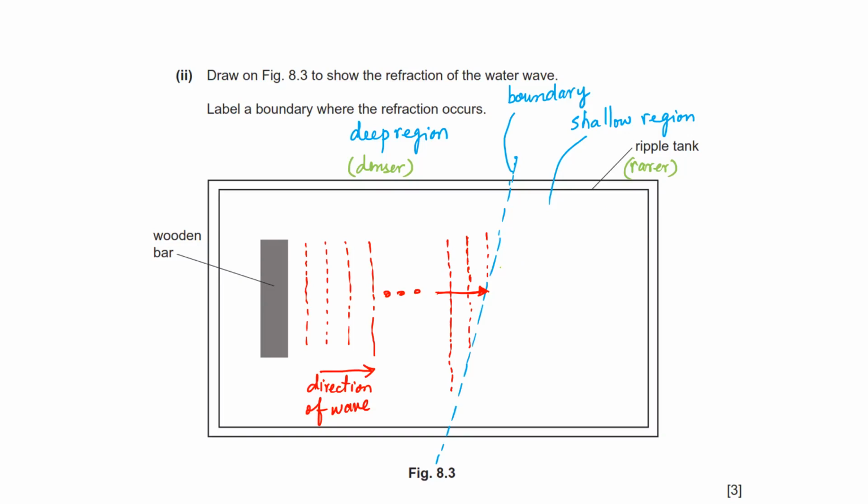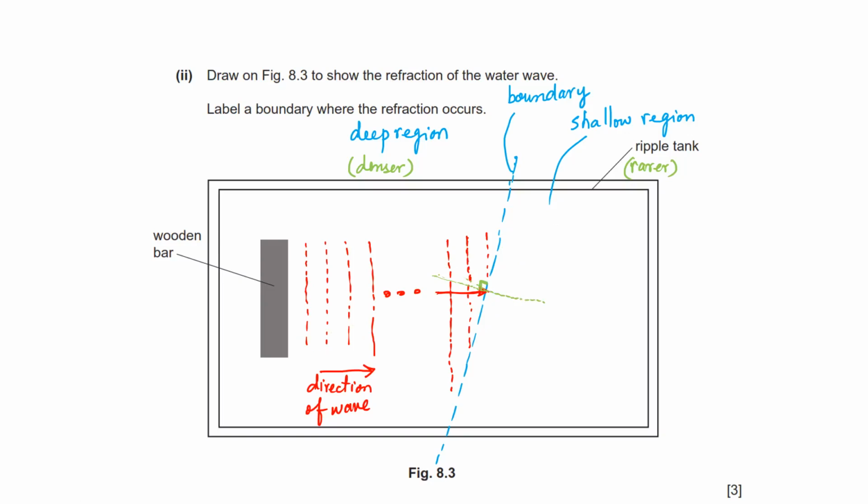If this is the boundary, my normal will be something like this. I'm going to draw a normal to this blue line, the boundary. This is a 90-degree angle, the green line, and let me extend it like this.